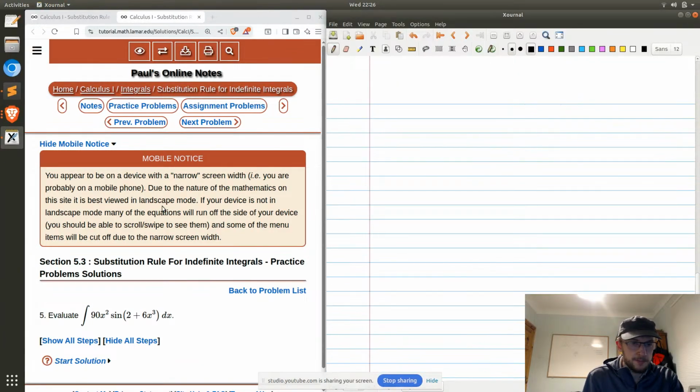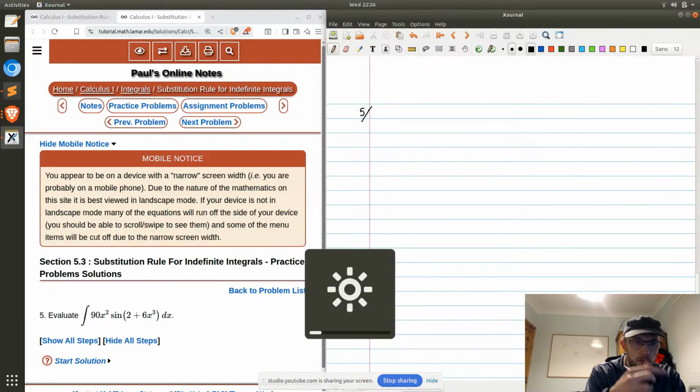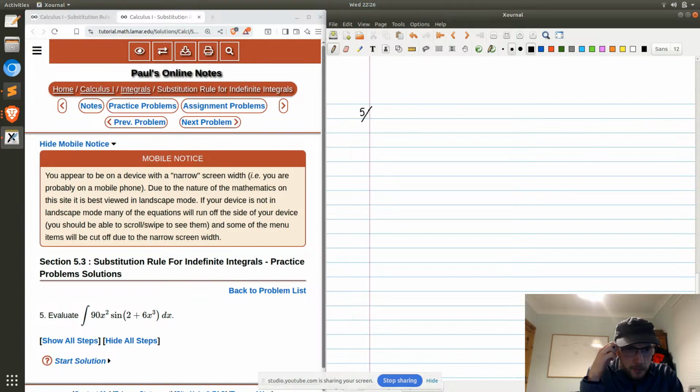Problem 5. Let u equal 2 plus 6x cubed. Then du equals 18x squared dx.